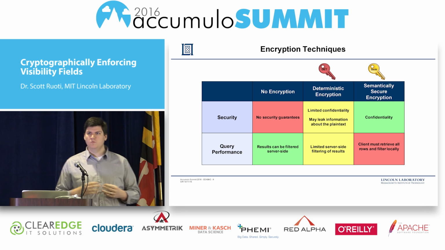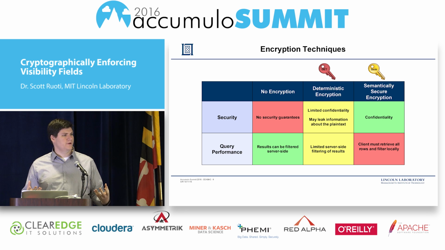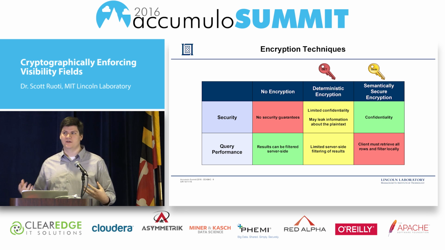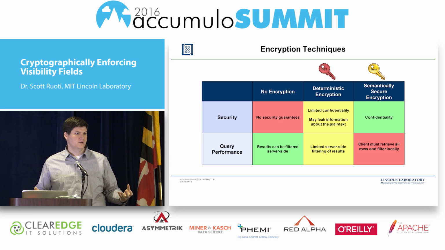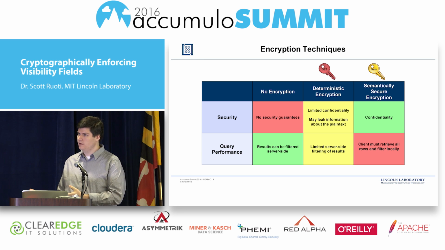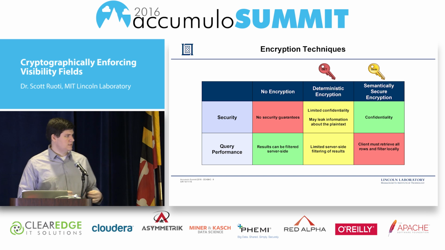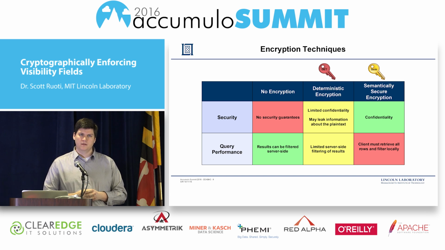Well, this comes with a limitation on performance. It also means that the Accumulo instance in the cloud can do nothing to filter that data. It has no way of knowing if a given row would match a range. So all the data needs to be pulled down from Accumulo, and the client-side software actually has to do that filtering. So this is where we have maximum security, but with some performance limitations.